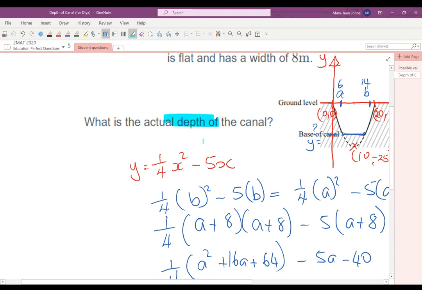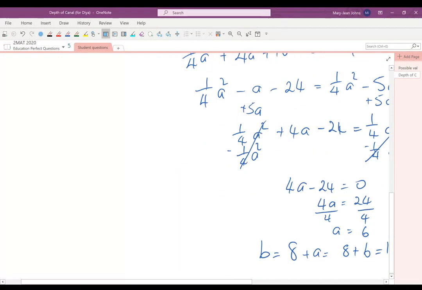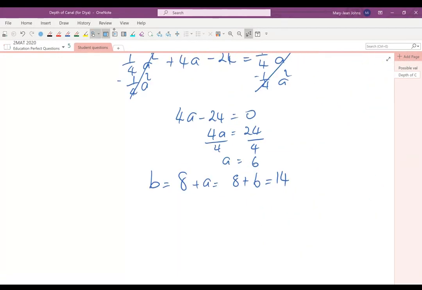That's the y. So I'm going to re-put out my equation, which was y equals 1 quarter x squared minus 5x. And we're going to substitute our first one in there. It doesn't matter whether I do my first one or my second one. I'm just going to substitute in my first one.